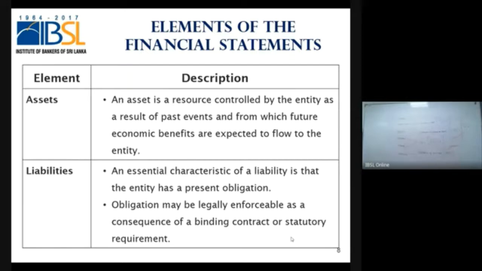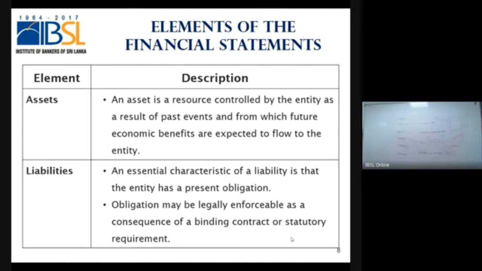So a resource is something that is available for you to use. But why you call it an asset is, this resource is going to be controlled by your company. Why is that resource controlled by your company? Because it was a result of a past event.